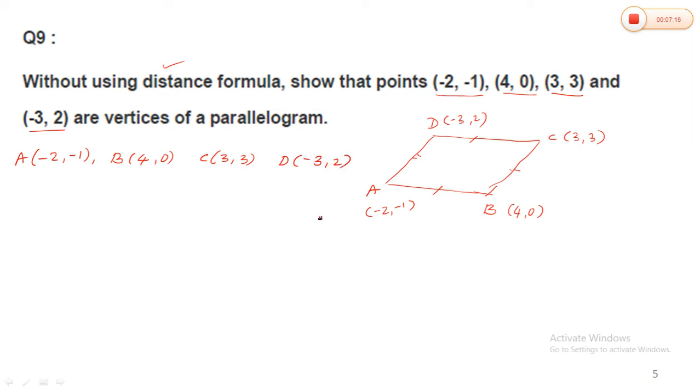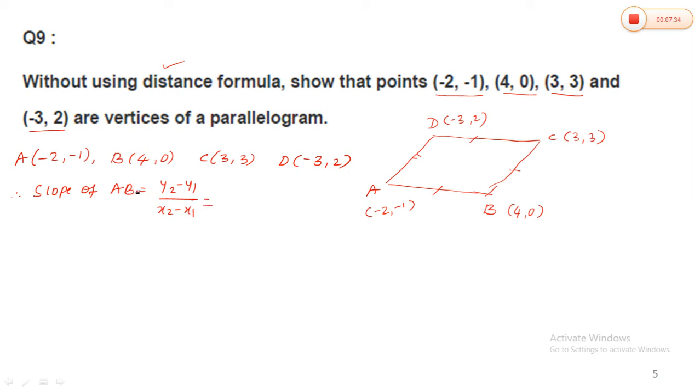So we have to find the slope of AB, slope of BC, slope of CD, slope of AD. Therefore, slope of AB is equal to y2 minus y1 divided by x2 minus x1.